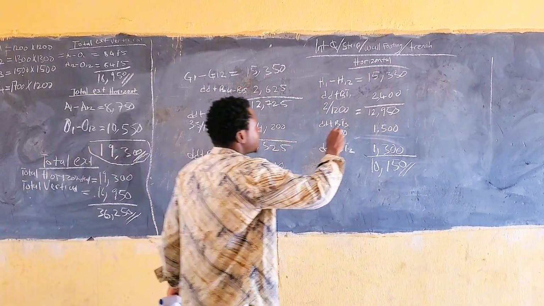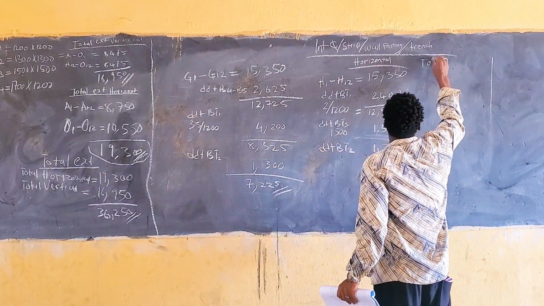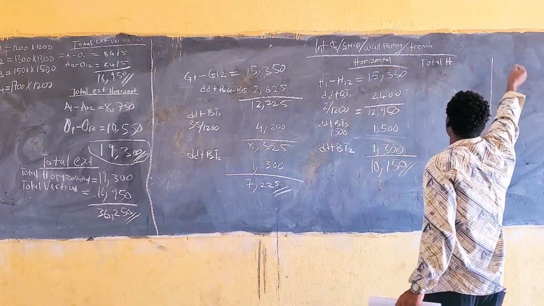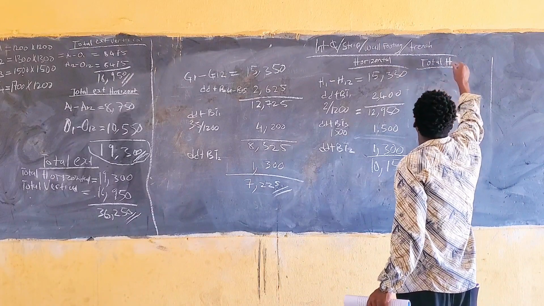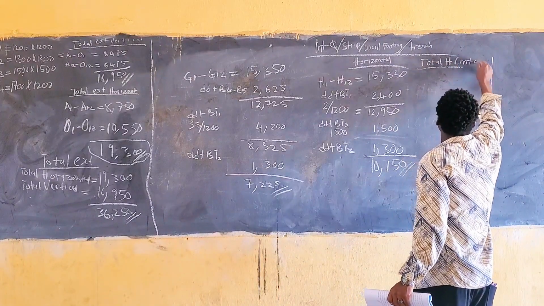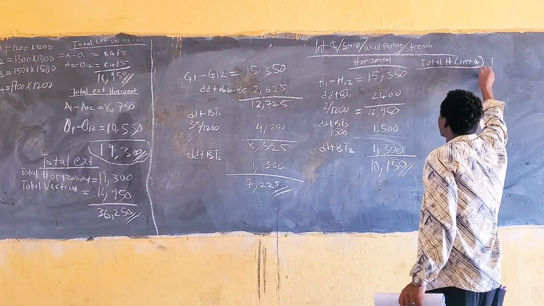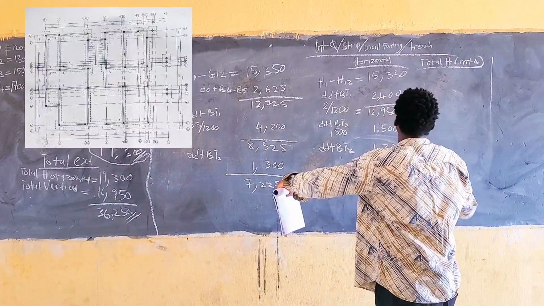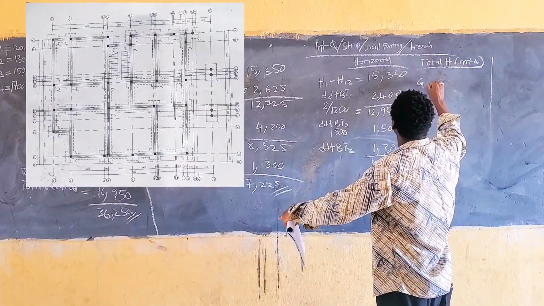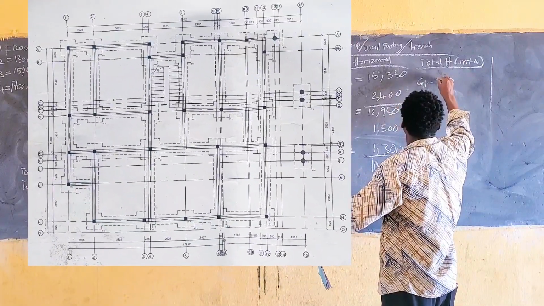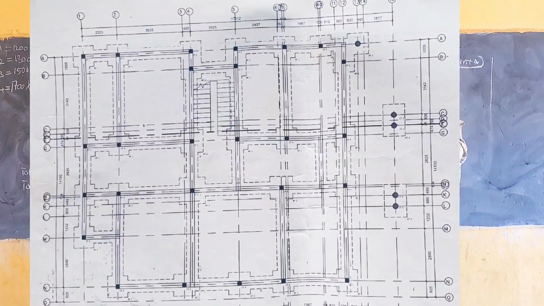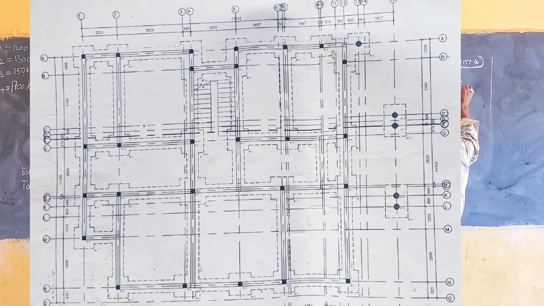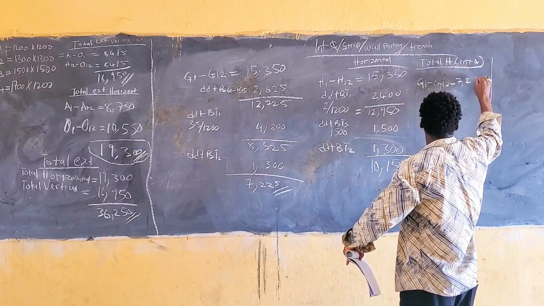Let me put it here: total H, H is for horizontal, and internal gap. So our first dimension, G1 to G12, we got 7,225.